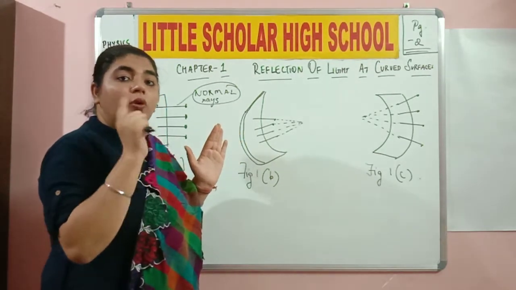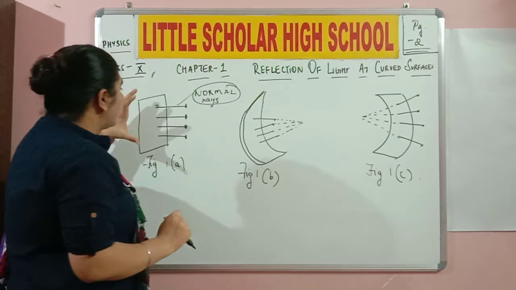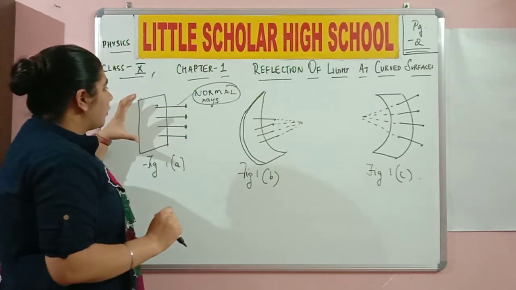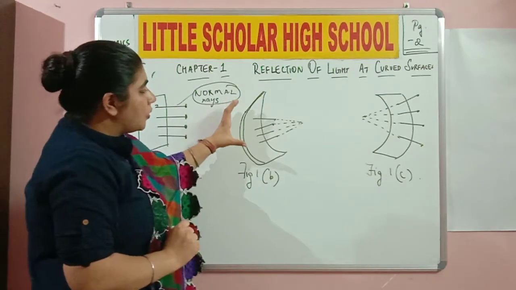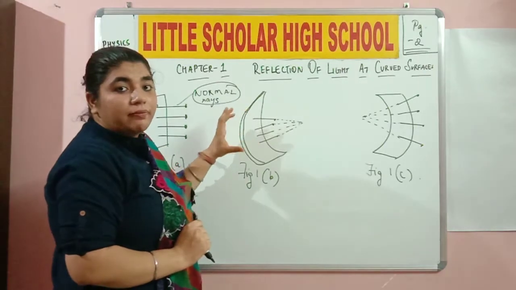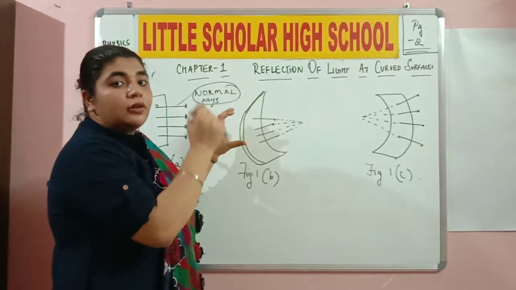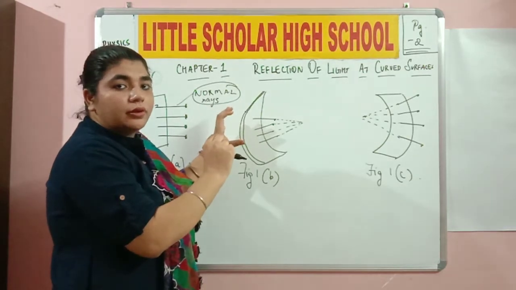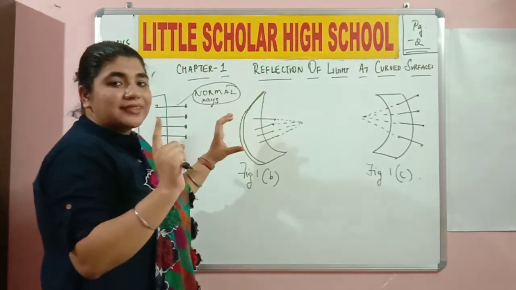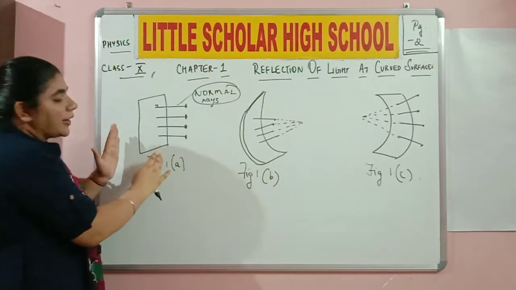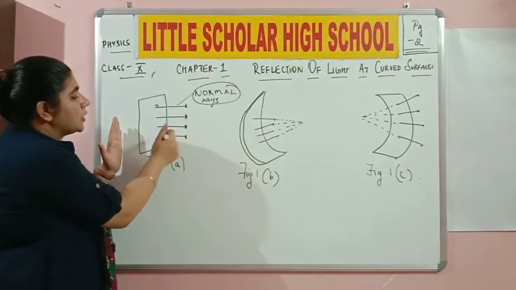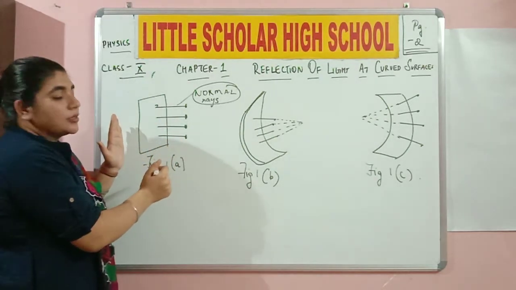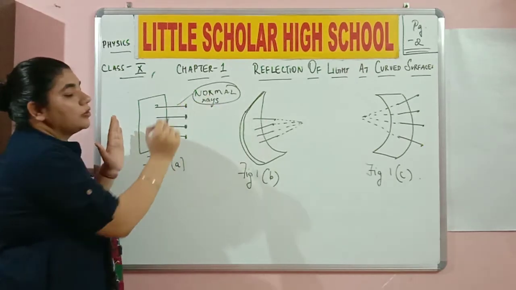Let's deal with the concave first. If I bend the foam inwards, it is going to appear somewhat like this. If I bend the foam with the nails fixed in it, they are also going to bend to a certain point, yes or no? This was the actual foam with the nails fixed perpendicularly to it, and these nails represent the normal rays.